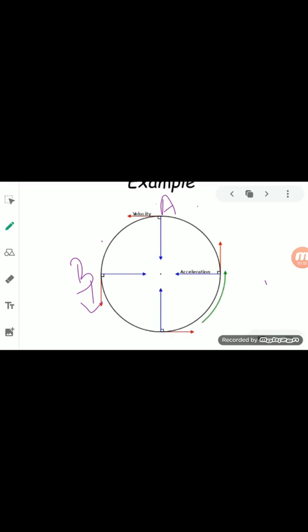Now when the stone is at point A, then the speed is directed towards the west side, and when the stone is at point B, then the direction is towards the south. So if the stone is released at point A, then it will fly off in the west direction.